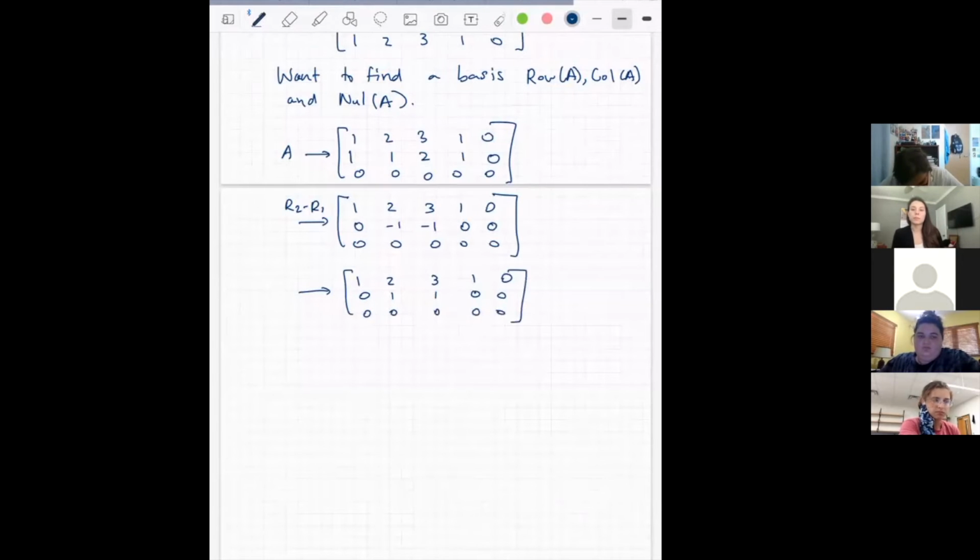Could you also reduce this even further? Yeah, we could. Let's go ahead and do that. For the reduced row echelon form, we would get 0, 0, 0, and that would be 1, 1, 0.